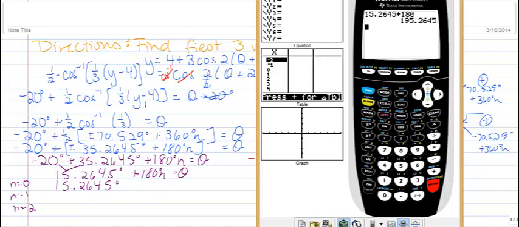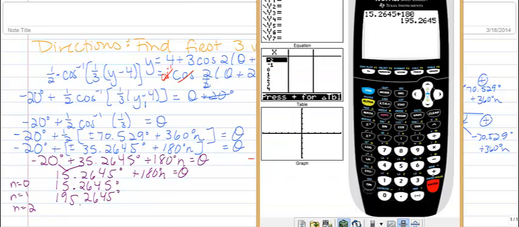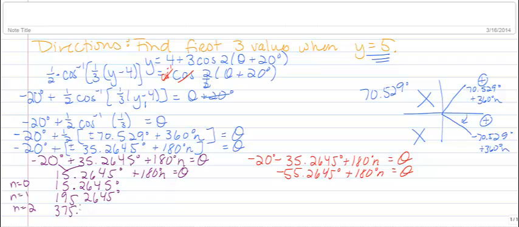So that's going to be your 195.2645 degrees. And then if n is 2, you can either start from the beginning and add 360, or you could just add 180 onto the value you already have. And you get 375.2645 degrees.